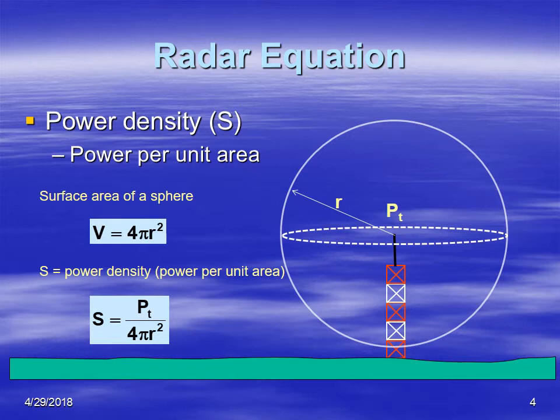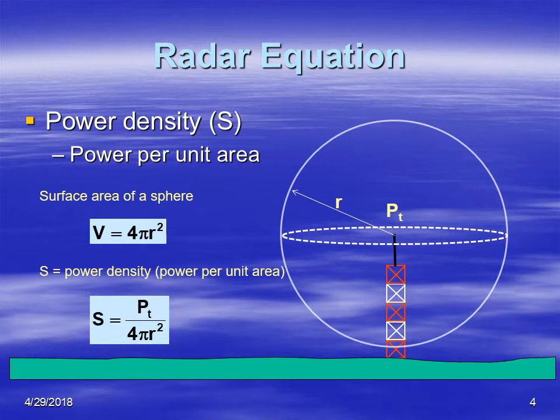So this is not the volume of the sphere, but just the surface area of the sphere at some given distance. If we know what the power transmitted is, we can take that power, divide it by that surface area, and that gives us the power per unit area.